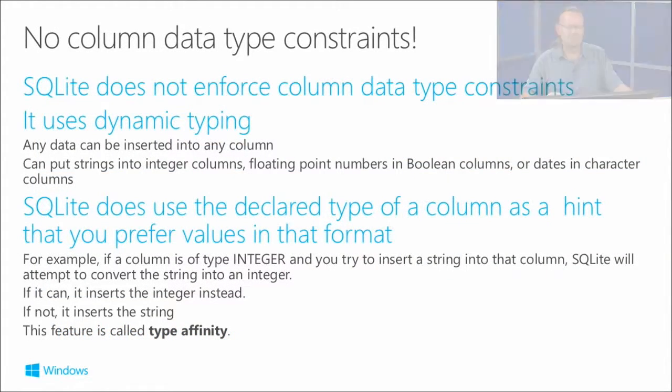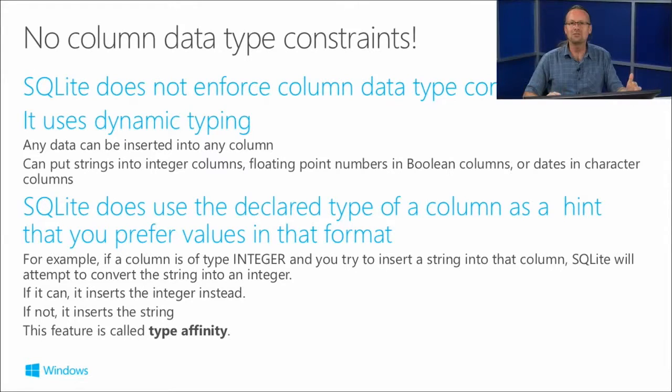The other weird thing about SQLite, or interesting if you like, is that you can store anything in any column. Yeah, I know. You can say create table project and have a customer ID that's integer and another name column that's varchar 100.